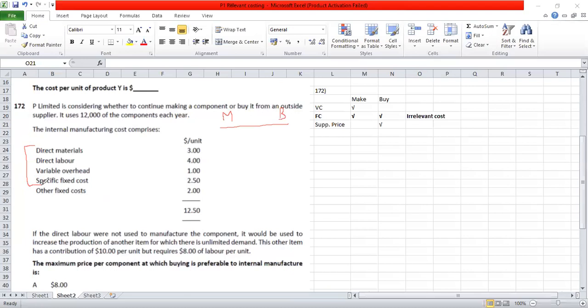So that's the relevant cost. Other fixed cost in any case will be incurred whether they make it or buy it. Now, let's first write what the relevant cost is. The relevant cost comes up to be 10.5.